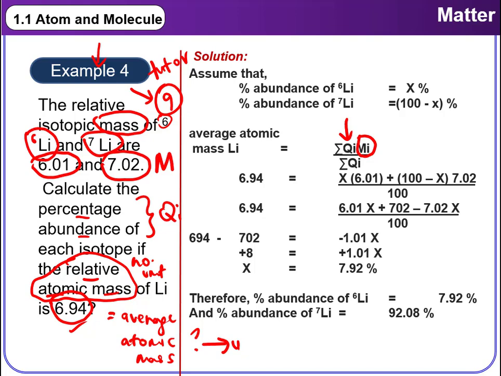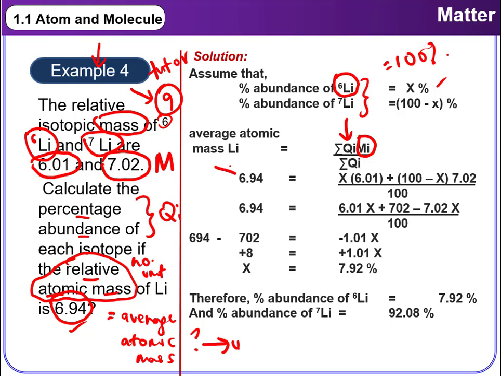Let the percent abundance of one isotope be X. Either lithium 6 or lithium 7 is fine. So the other isotope, lithium 7, must be 100 minus X, because the total of these two equals 100% abundance. The average atomic mass given is 6.94.